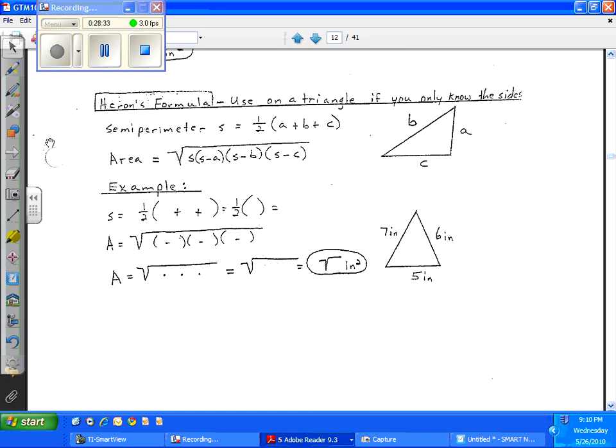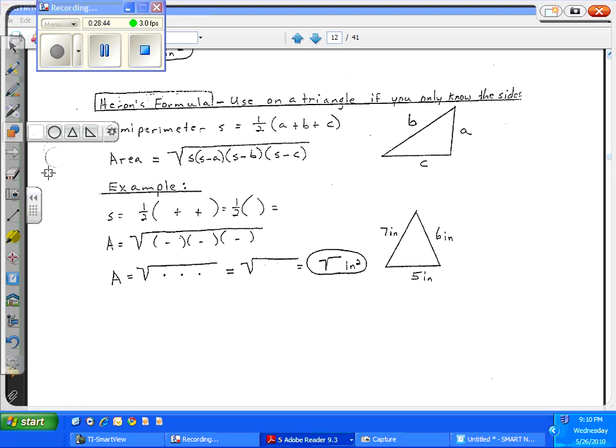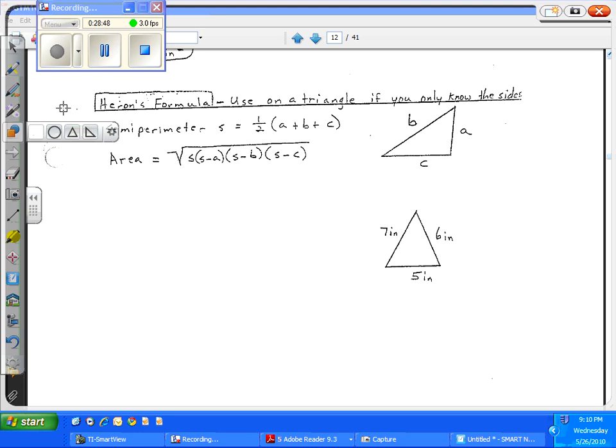Heron's formula. Heron's formula is a formula that we can use to find the area of a triangle if we know all the sides and we don't know any angles. It's kind of a handy little formula. Comes from trigonometry.